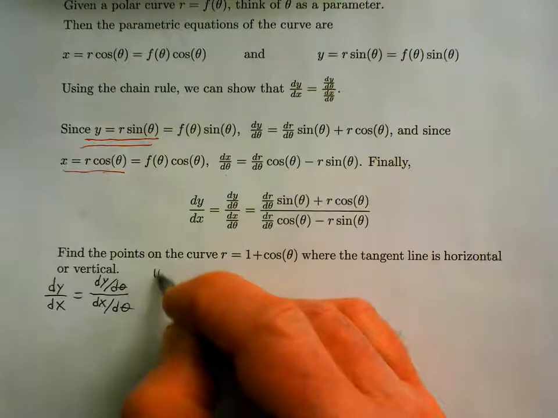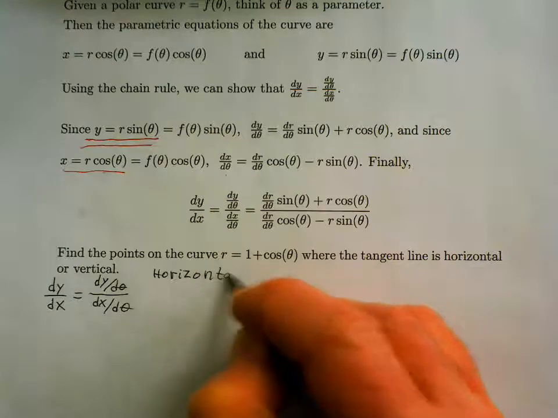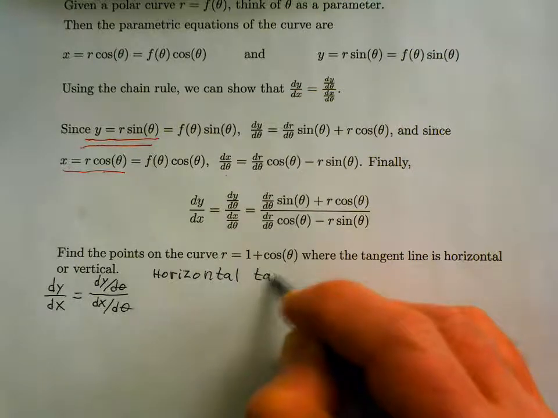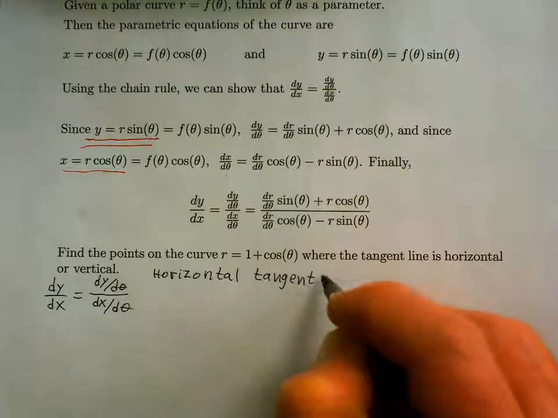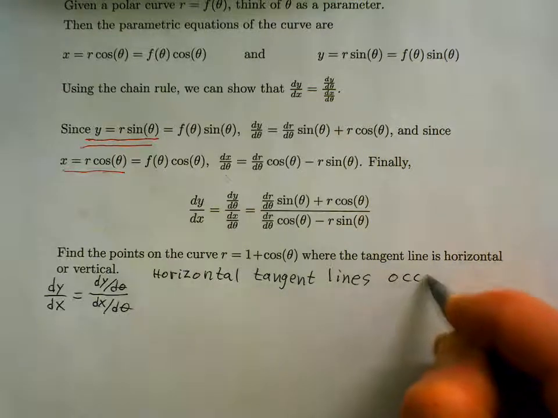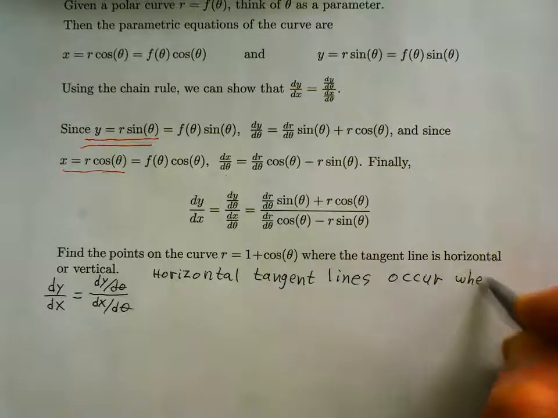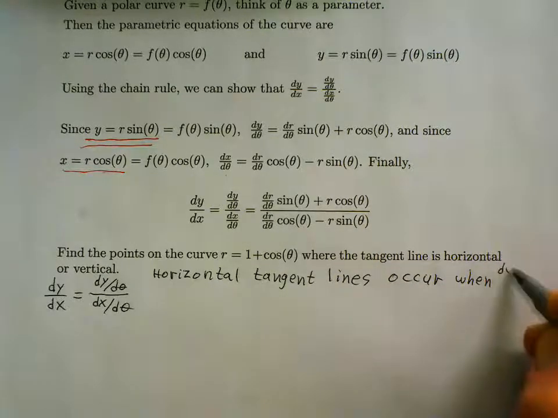The horizontal tangent lines occur when the derivative of y with respect to theta is equal to 0.